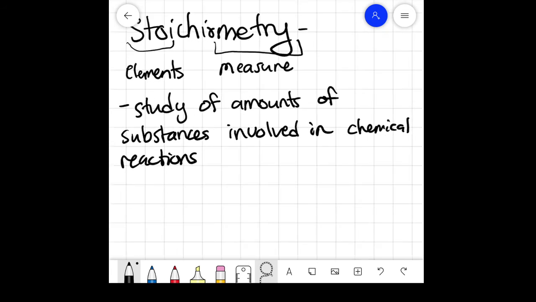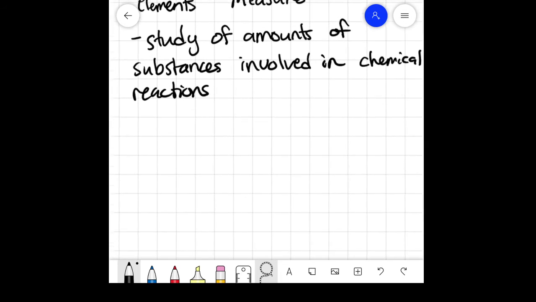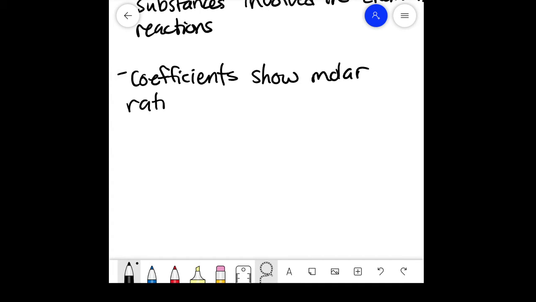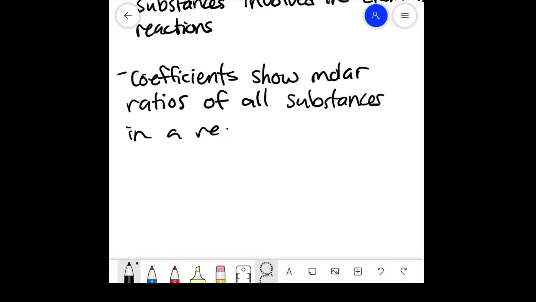So a very important part of stoichiometry is the coefficients from the balanced equation, because the coefficients show the molar ratios of all substances in a reaction.